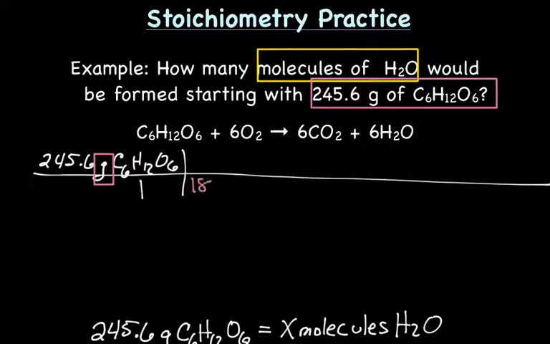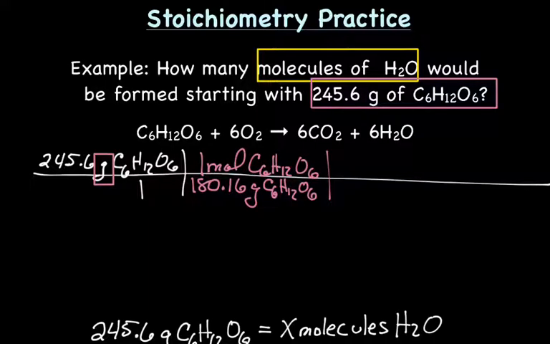So that was 180.16 grams of C6H12O6. So on the top is going to go 1 mole of C6H12O6. All right, let's cross out our units. So we were at grams C6H12O6. Those cross out. We're now at mole C6H12O6.